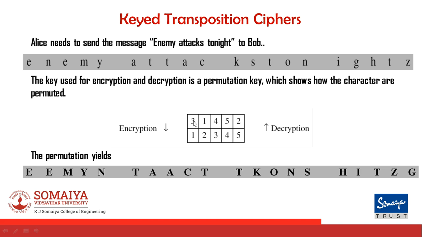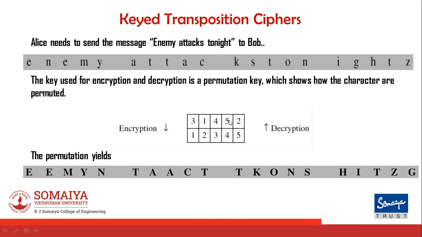So what does it mean? Third is going to the first, first is going to the second, fourth is going to the third, fifth is going to the fourth, and second is going to the fifth.